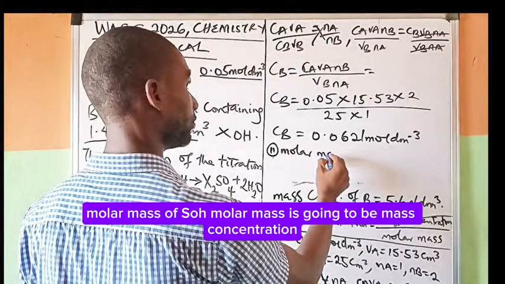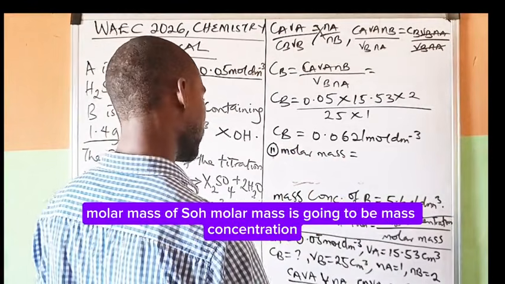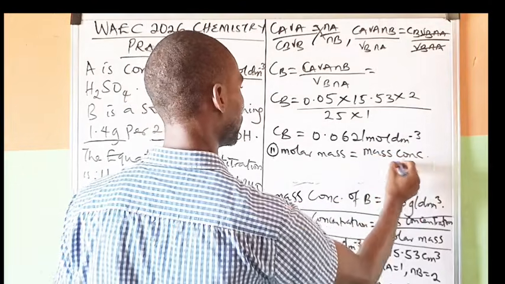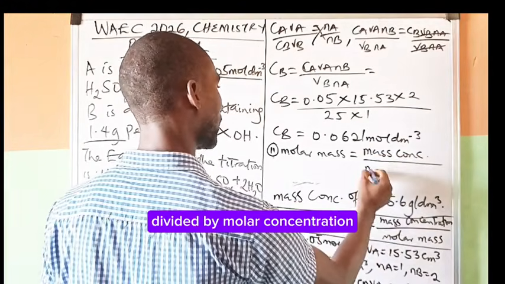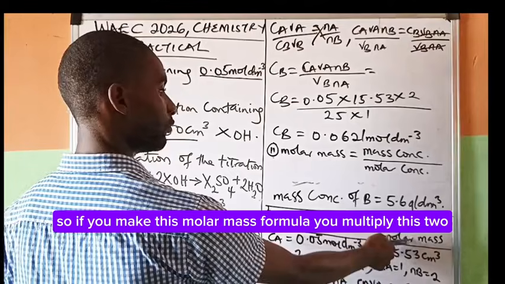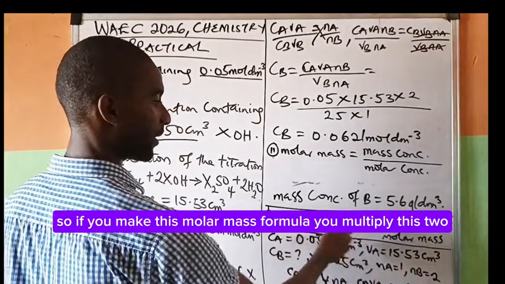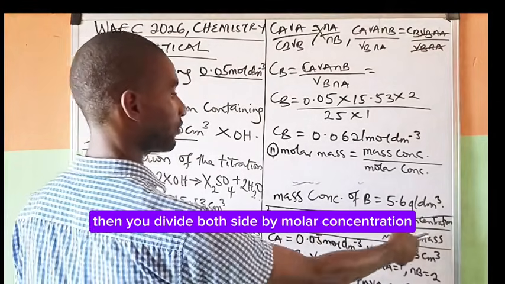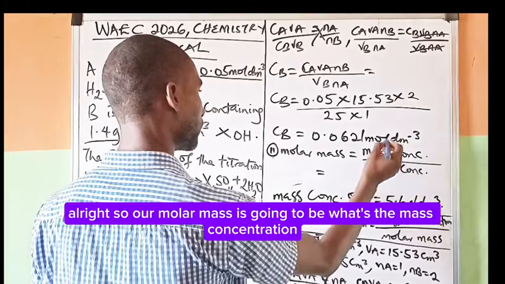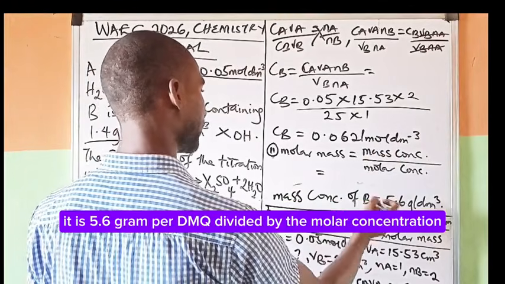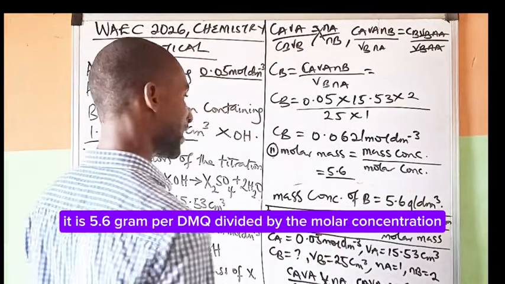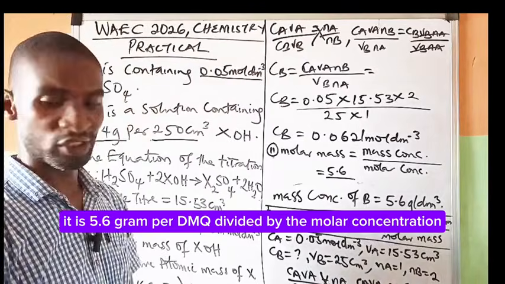So molar mass of XOH is going to be mass concentration divided by molar concentration. If you make molar mass the subject of the formula, you multiply and then divide both sides by molar concentration. All right, so our molar mass is going to be, what's the mass concentration? It is 5.6 gram per dm³ divided by the molar concentration.